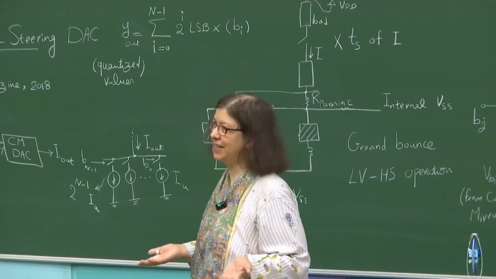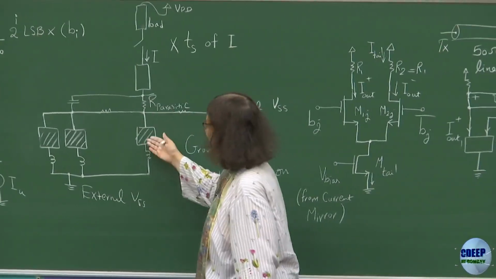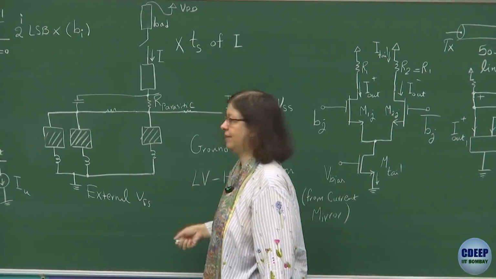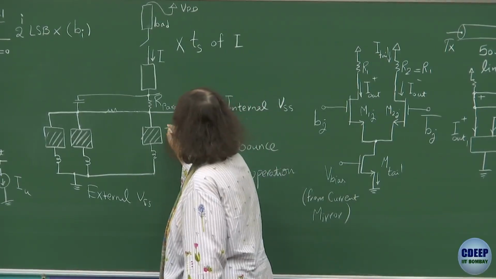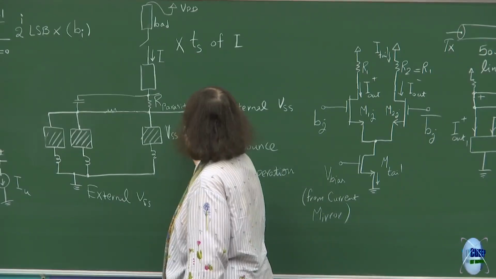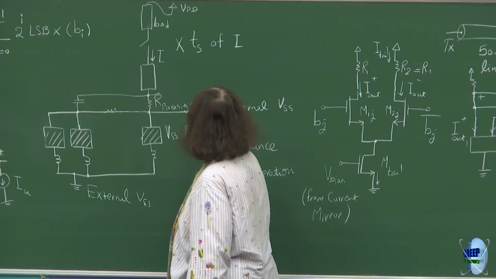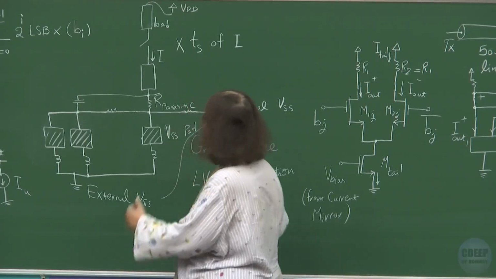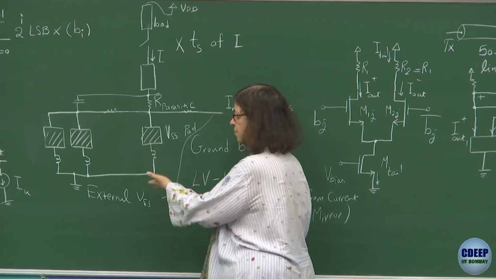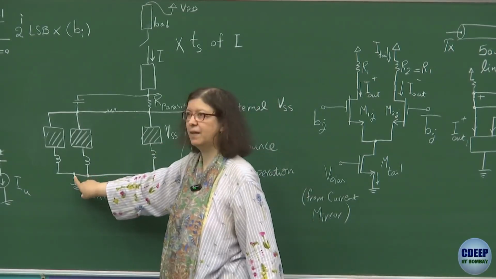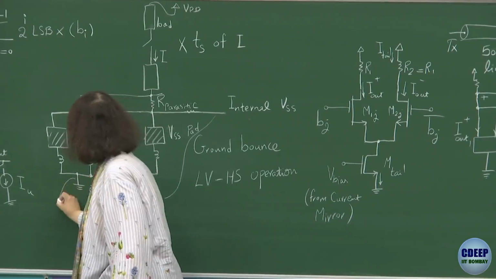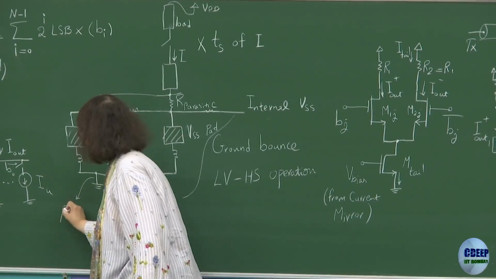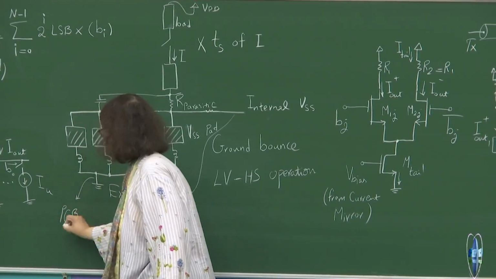Ideally you think there is one ground, right? Because you are shorting them, these are metal. Yes, on the board, for example. Say this is a VSS pad which goes to the pin. The pin is here. So this connection is on the board, say PCB.